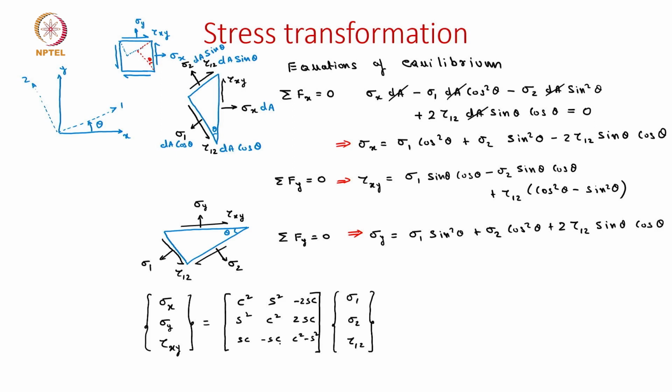Okay. So, this is the 3 by 3 matrix or the transformation matrix which takes you from the material coordinates to the body coordinates.